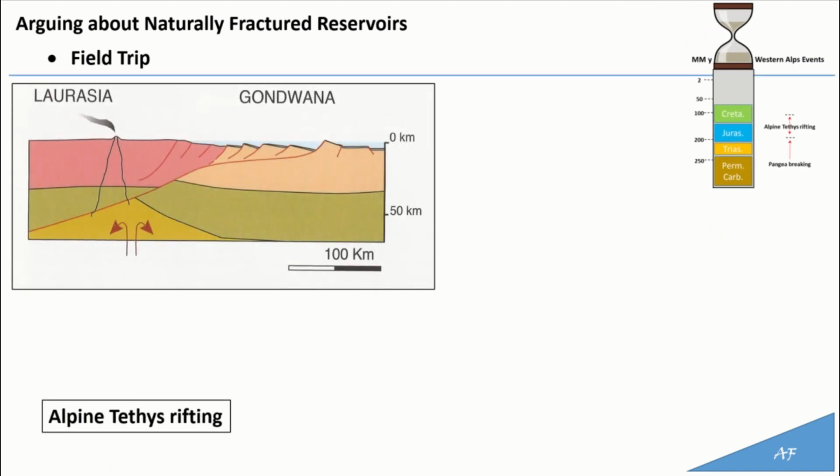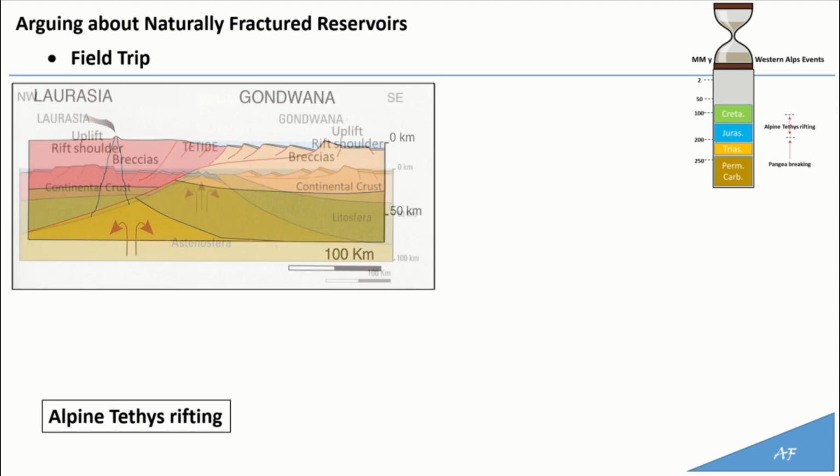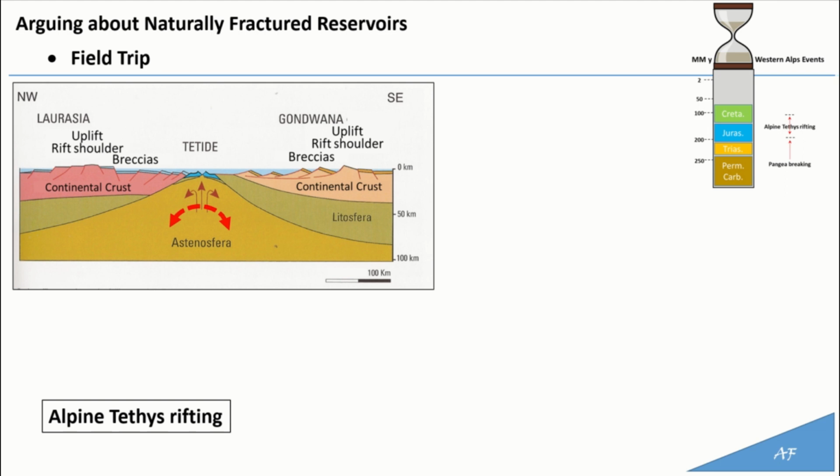Below the Pangea breaking zone, the asthenosphere arcs and approaches the Earth's surface, feeding the mid-ocean ridge with basaltic magma and so producing new oceanic crust between the two continents that are moving away.